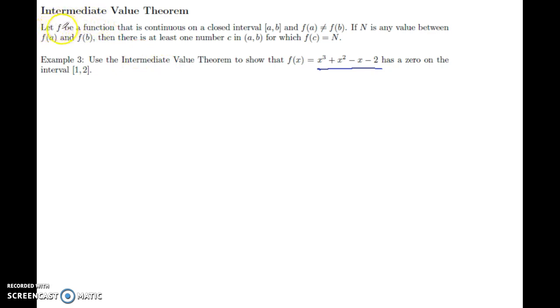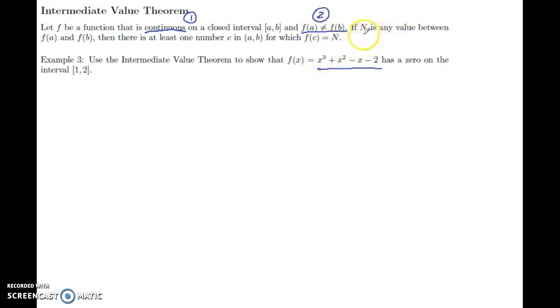Let's take a look at the statement. Let f be a function that is continuous on the closed interval [a, b]. So first we need continuity. And we want f of a not equal to f of b. So the function at those endpoints cannot agree.